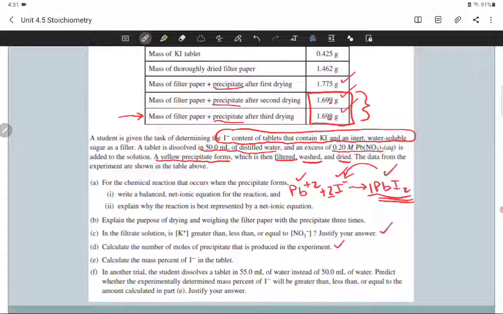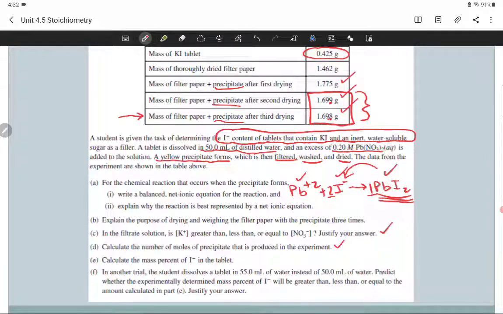Then you'd have to convert that to grams. And then to get it into mass percent, we need the part divided by total. The part is whatever those grams of I minus are, divided by the total. What is the total? The total is the entire tablet, 0.425. And then get a percentage by multiplying by 100.